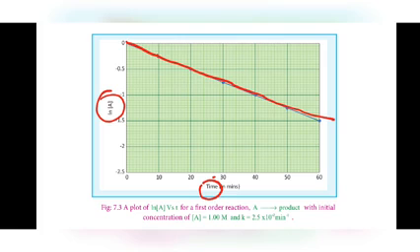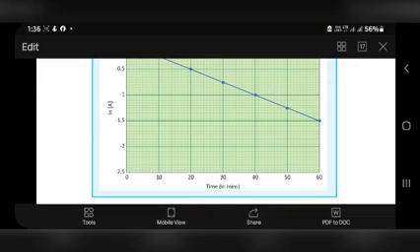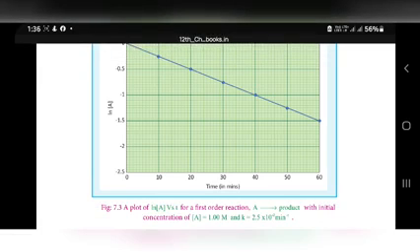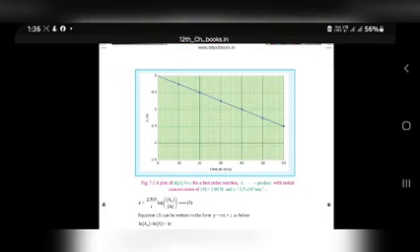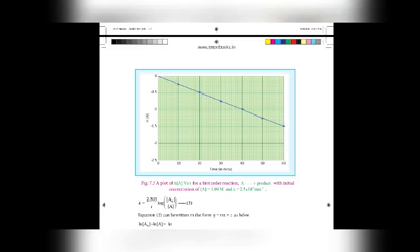If you are finding the slope for this reaction, in lower classes you have already studied how you can find out the slope for a given reaction.